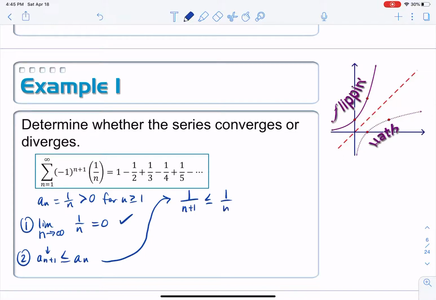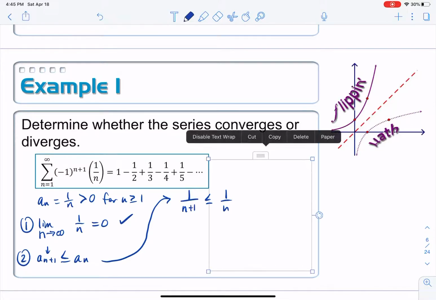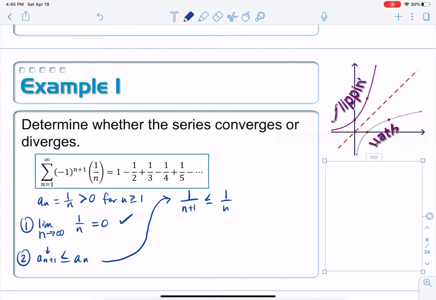Maybe it's obvious to you that that inequality is true. Maybe it's not. One way to tell is just to simplify it, cross-multiply. When you have an inequality, you have to be careful when you multiply, because if you multiply by a negative, it's supposed to switch the sign. I don't have to worry about that in this case because we're talking about n and n plus 1, starting at 1 and going off to infinity, so we're dealing with only positive numbers.